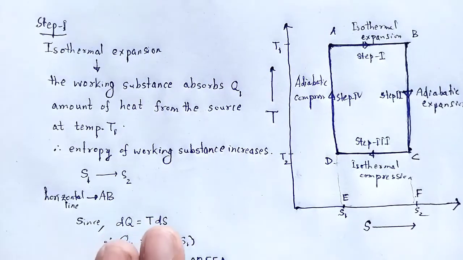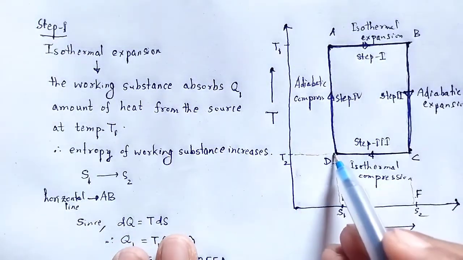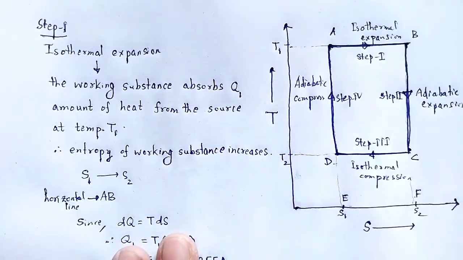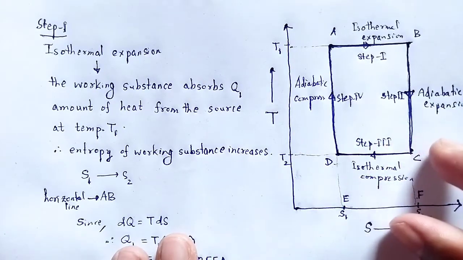Step number 4 covers the range of temperature T1 and T2, and the range of entropy S1 and S2.